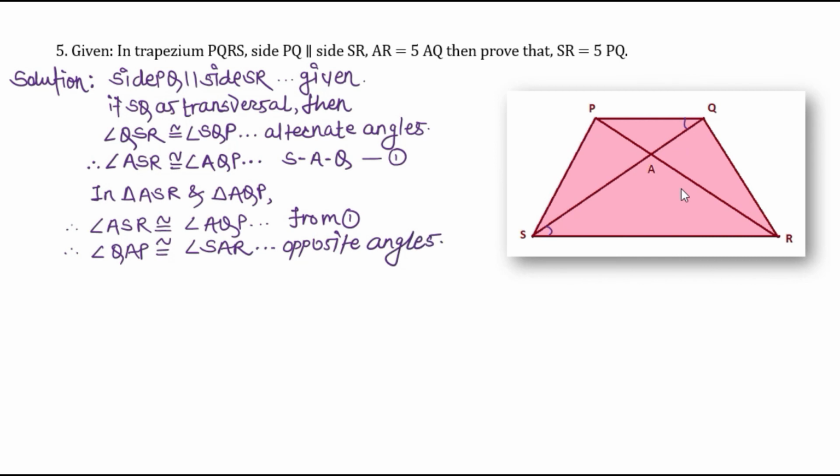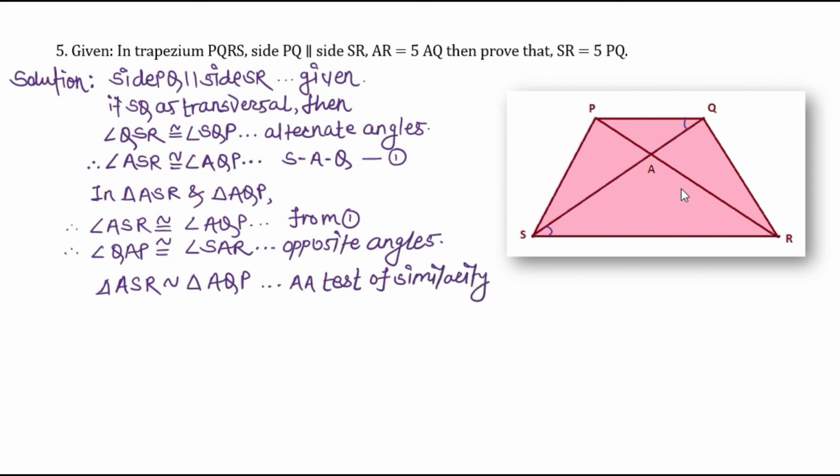So from these two pairs, we can say triangle ASR is similar to triangle AQP using angle-angle test of similarity.